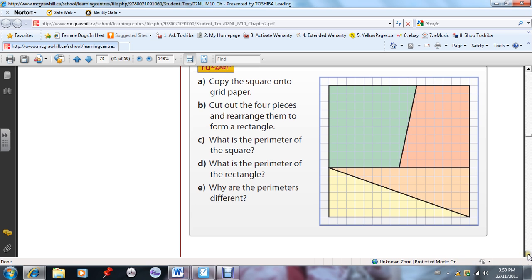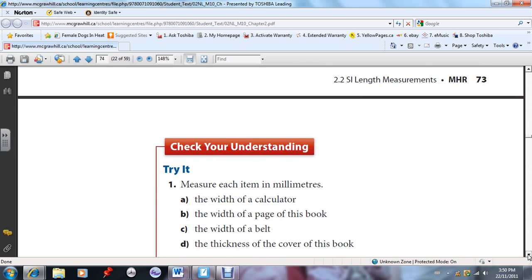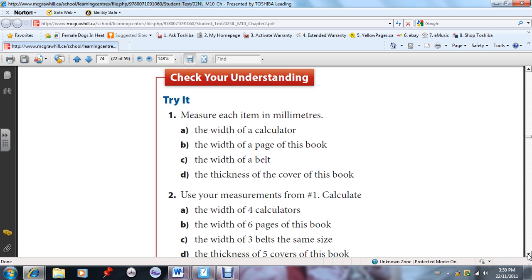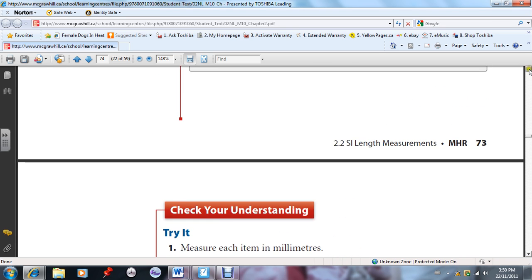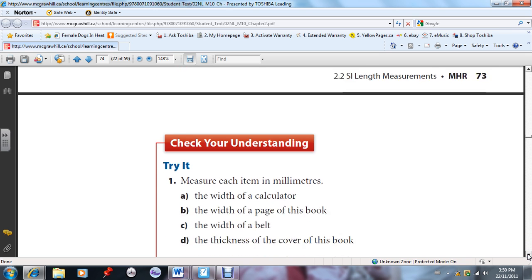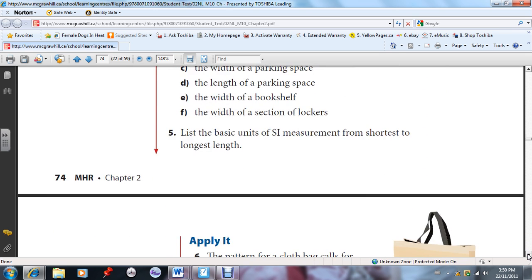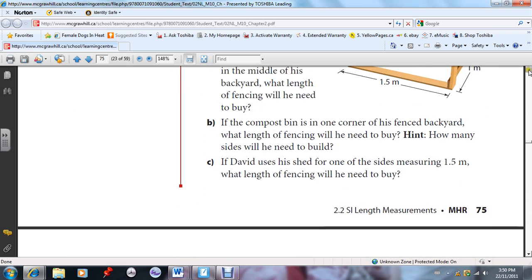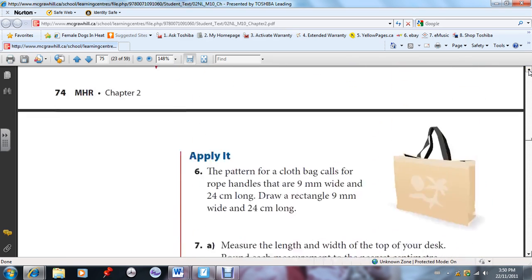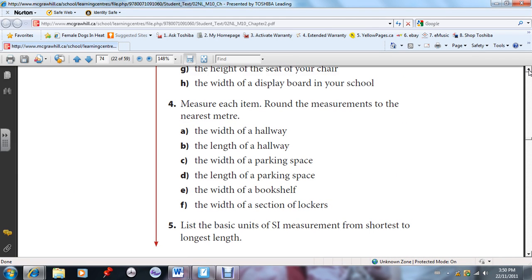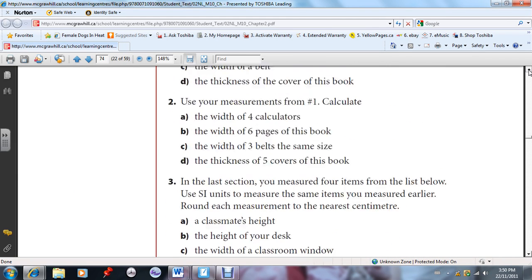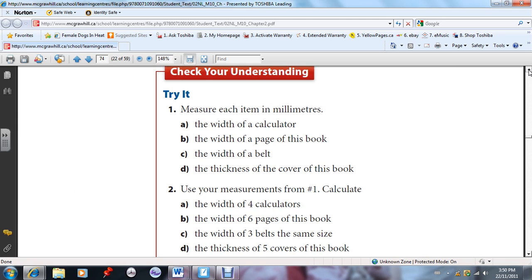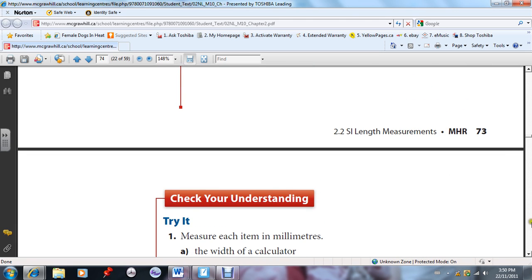That's great. When you get this one done, boys and girls, what I want you to do is work on pages 74, and then I want you to work on page 75. You will need measuring tapes and a ruler for page 74.